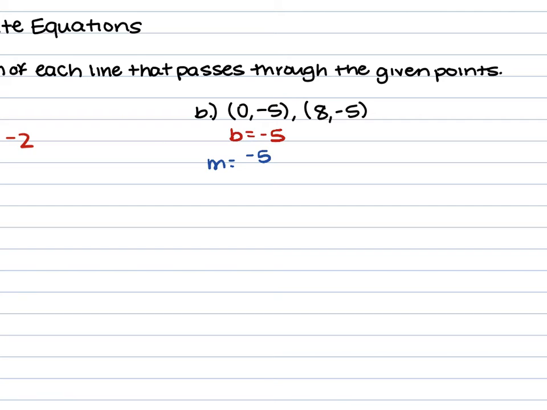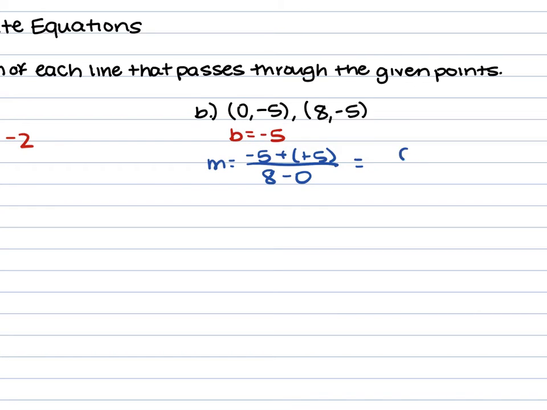The -5 plus -5 gives us -10. Oh, I'm sorry. I'm thinking something completely different here. All right, so the two negatives next to each other are going to turn into a positive, which makes it -5 plus 5 all over 8 minus 0.